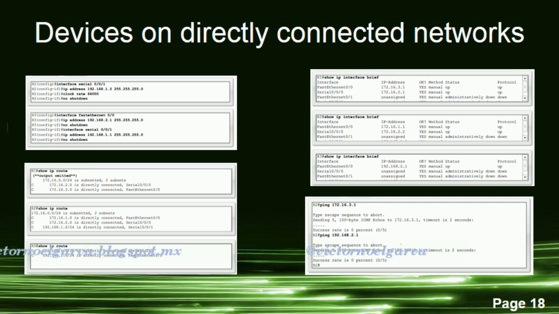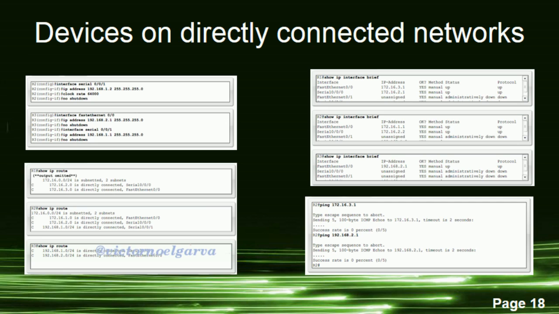R3 can communicate with any device on the 192.168.1.0/24 and 192.168.2.0/24 networks. Because these routers only know about their directly connected networks, the routers can only communicate with those devices on their own directly connected LANs and serial networks.